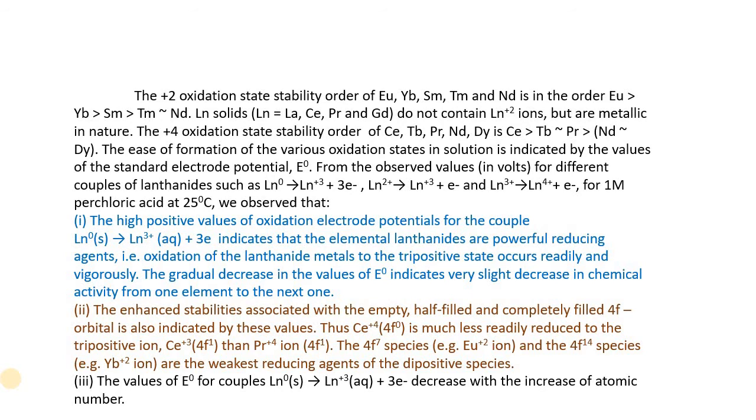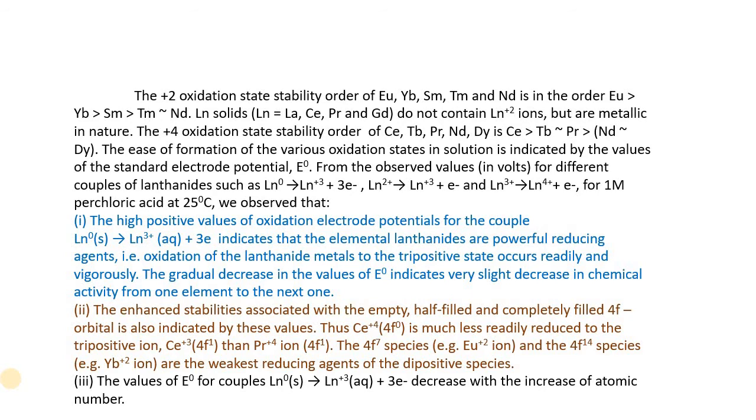The next concept is the enhanced stability, increased stability associated with the same concept which has been discussed in previous slides: half-filled, empty, and completely filled orbitals. If such type of electronic configuration is attained after the loss of electron, then the species are more stable.